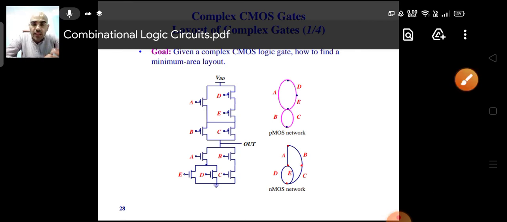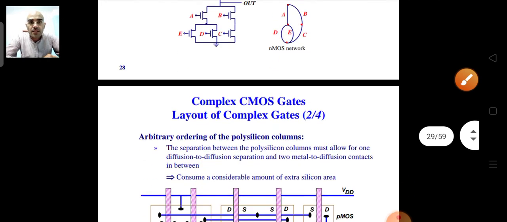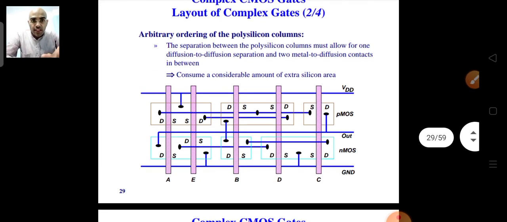Now once the graph is known, what we can do is directly plot the stick diagram. We have not followed any particular path, and we have just randomly ordered our polysilicons. First of all we put the columns of these red lines. Red lines are nothing but our polysilicon.